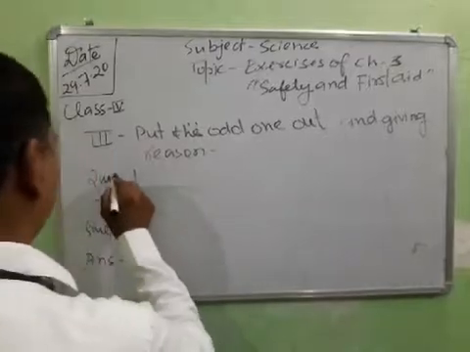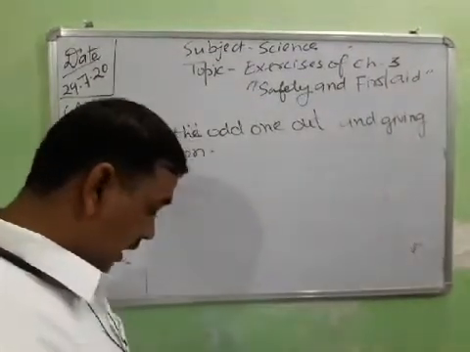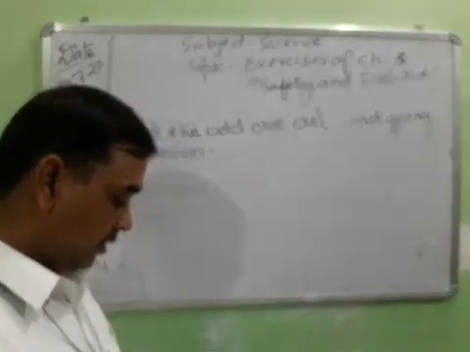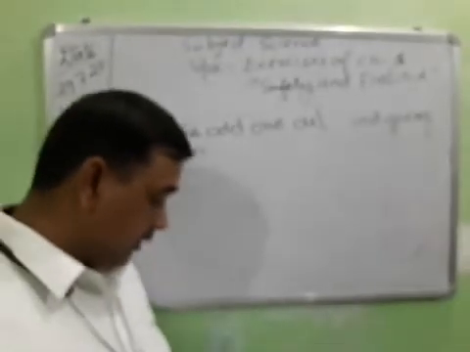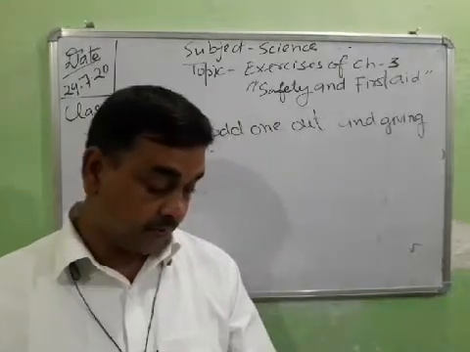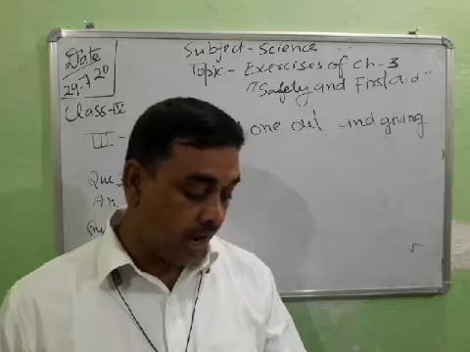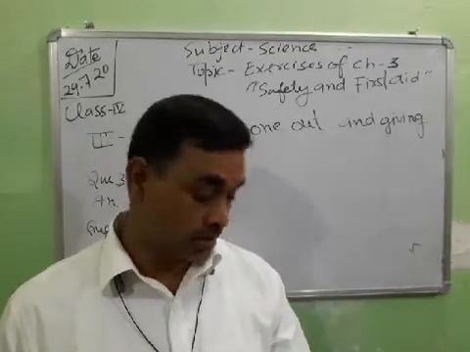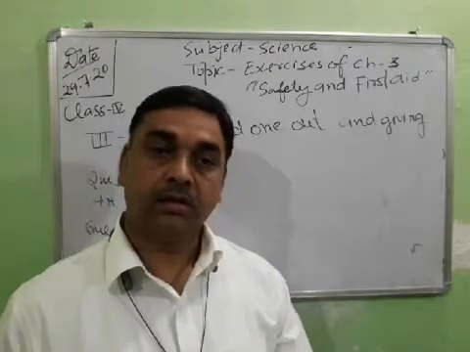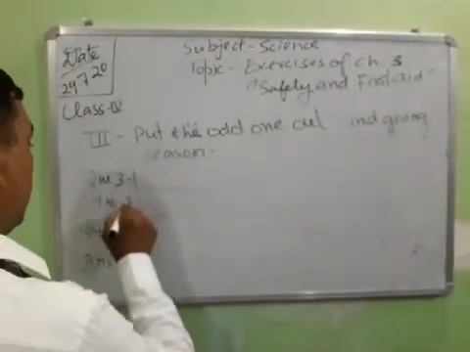Question number 3: healthy gums, gingivitis, plaque, cavity. Student, read very carefully. Healthy gums means the gums are healthy, without any disease, whereas gingivitis, plaque and cavity are problems of the tooth. So healthy gums is the odd one. Answer 3: write down the question.